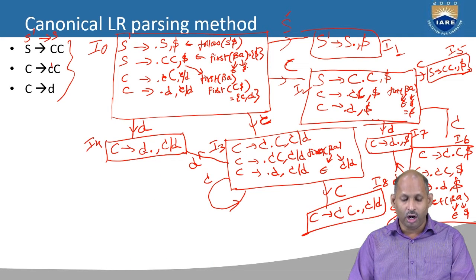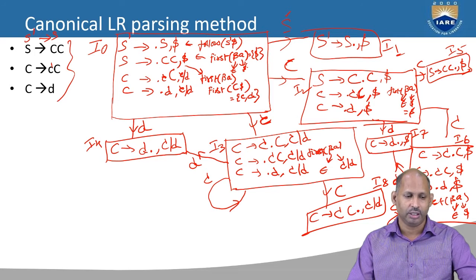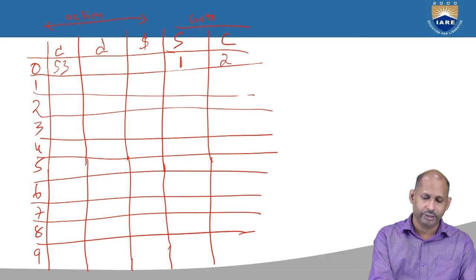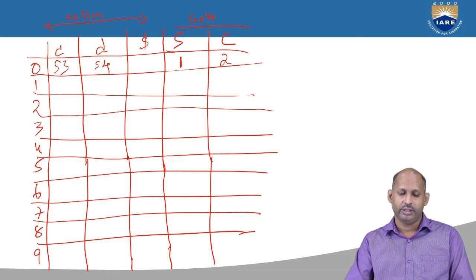Then on D going to I4. On D it is going to S4. Right?